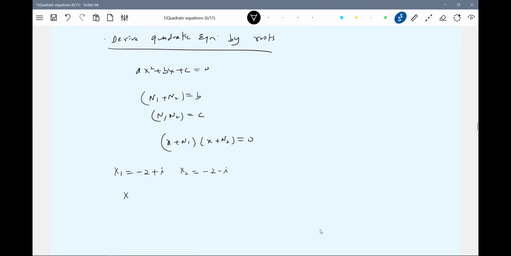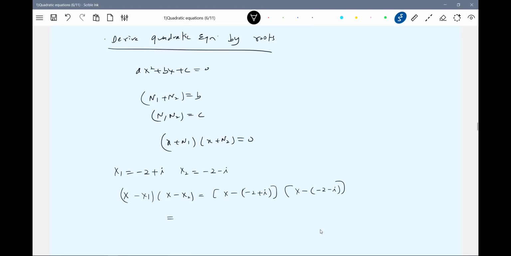Then what we write is x minus x1, then x minus x2. The negative of that you have to substitute here. So the expansion of this will be x minus of minus 2 plus i, x minus of minus 2 minus i.